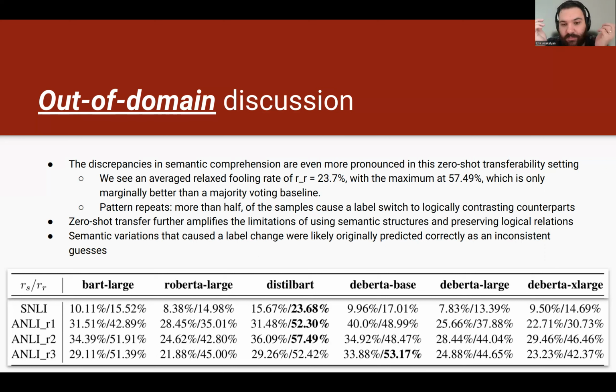We also see that more than half of the examples that did have a label change flipped the label to the exact opposite class, which is even bigger cause for concern. Essentially implying that we have zero idea about the logical structure of the sentence.